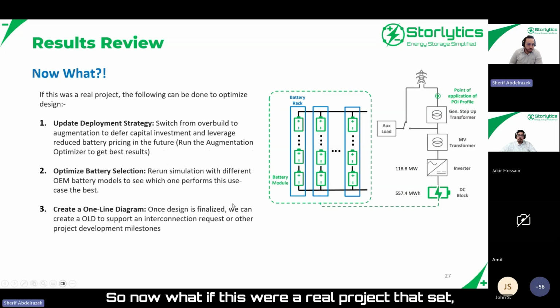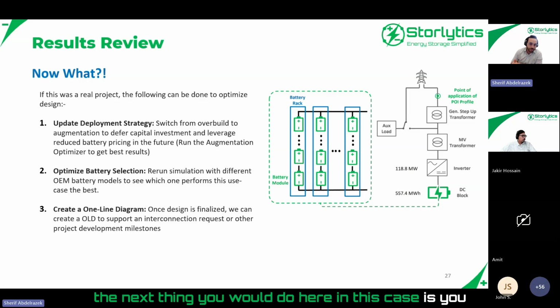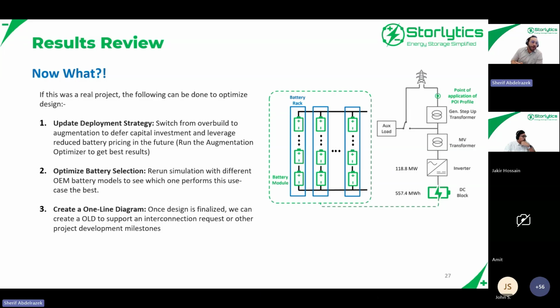Right, so now what? If this were a real project, the next thing you would do in this case is you obviously want to improve your project economics. You don't want to break even after 10 years. A very good project would break even in about 3 or 4 years. So you try different technologies.